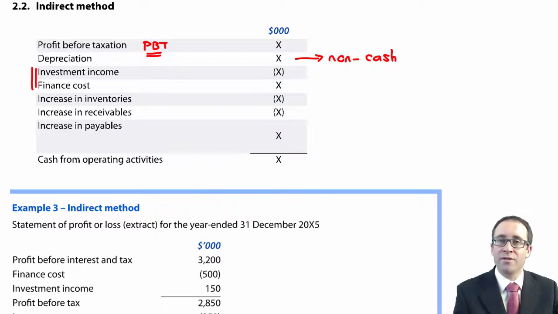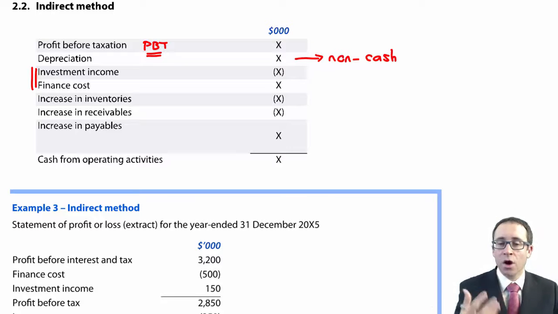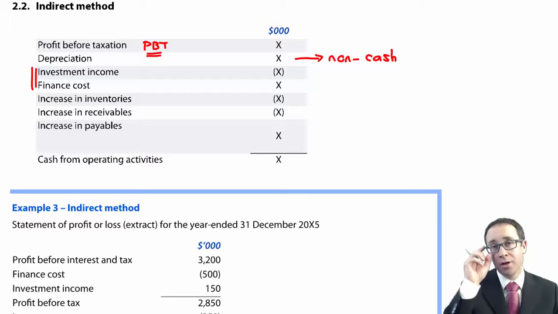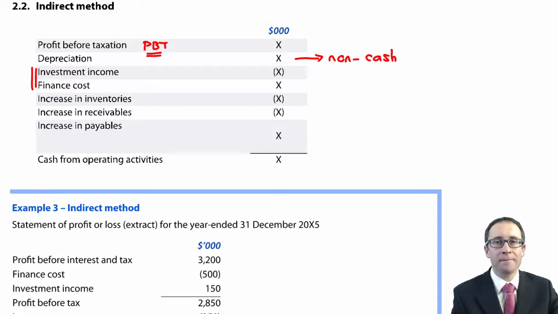It reduces the value of the asset. So you credit accumulated depreciation and you debit depreciation expense. Doesn't reduce cash, does it? Okay, so it's a non-cash expense. So therefore, you need to add that back to remove the expense from our cash figure. Okay, so non-cash expenses, you add them back on.